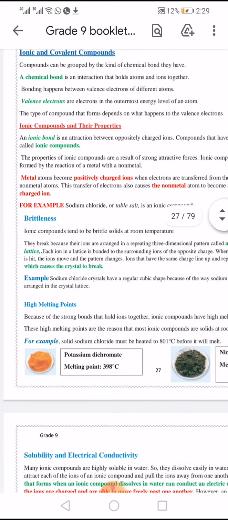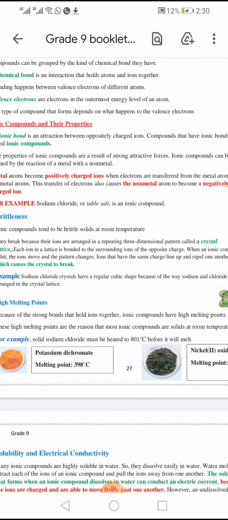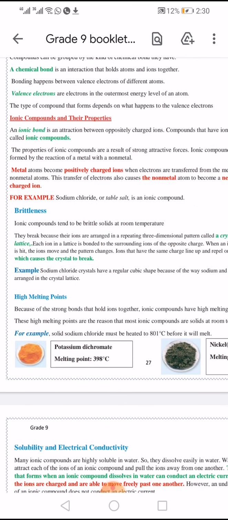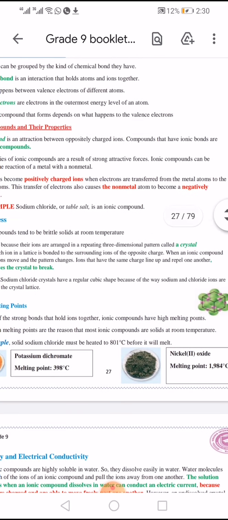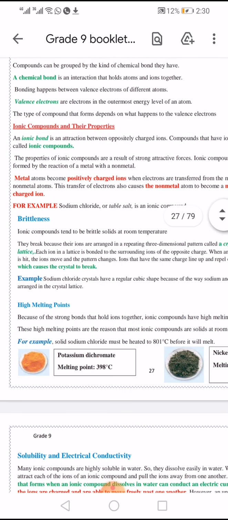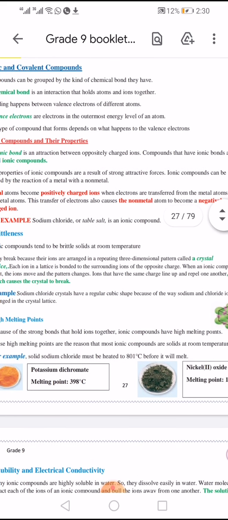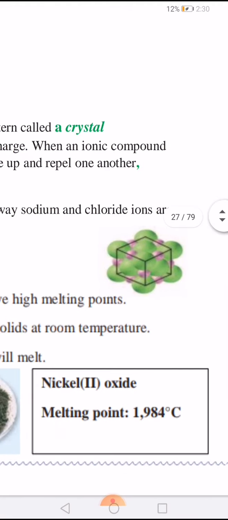Each ion in a lattice is bonded to the surrounding ions of the opposite charge. When an ionic compound is hit, the ions move and the pattern changes. Ions that have the same charge line up and repel one another, which causes the crystal to break. So what causes the crystal to break, or to be brittle?